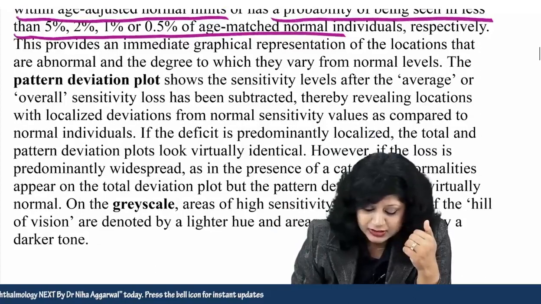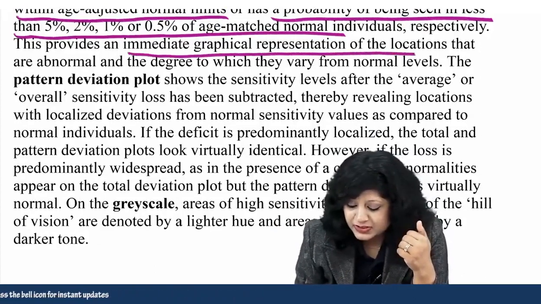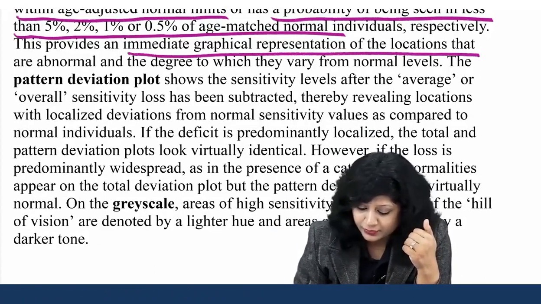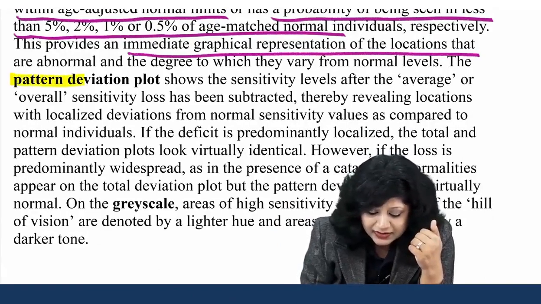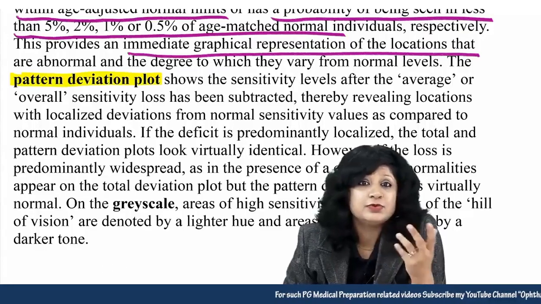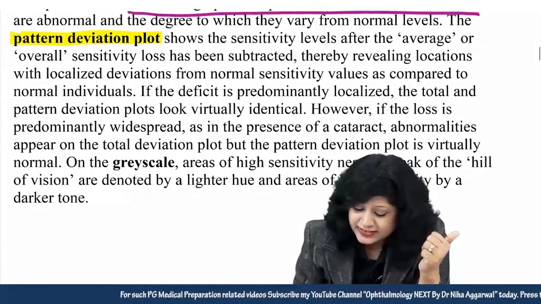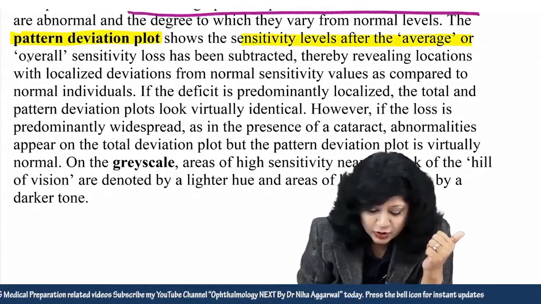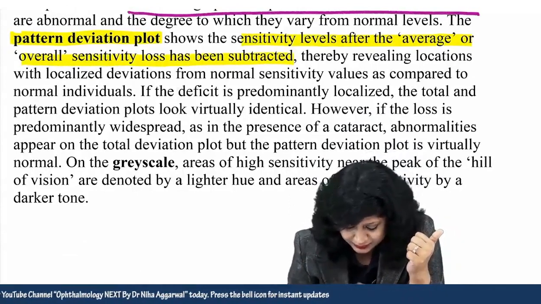Now this provides an immediate graphical representation of the locations that were abnormal, and you get a pattern deviation plot. This shows the sensitivity levels after the average or the overall sensitivity loss has been subtracted.